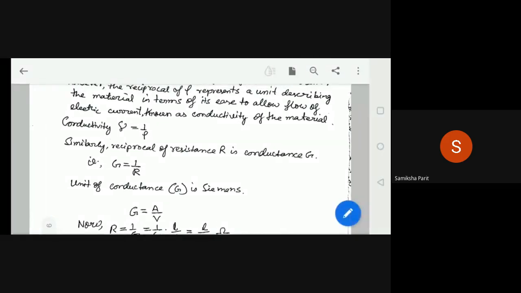The unit of conductance, G, is represented in Siemens. Okay, Siemens. So it will be better if you write this down. And any questions regarding this, please ask.